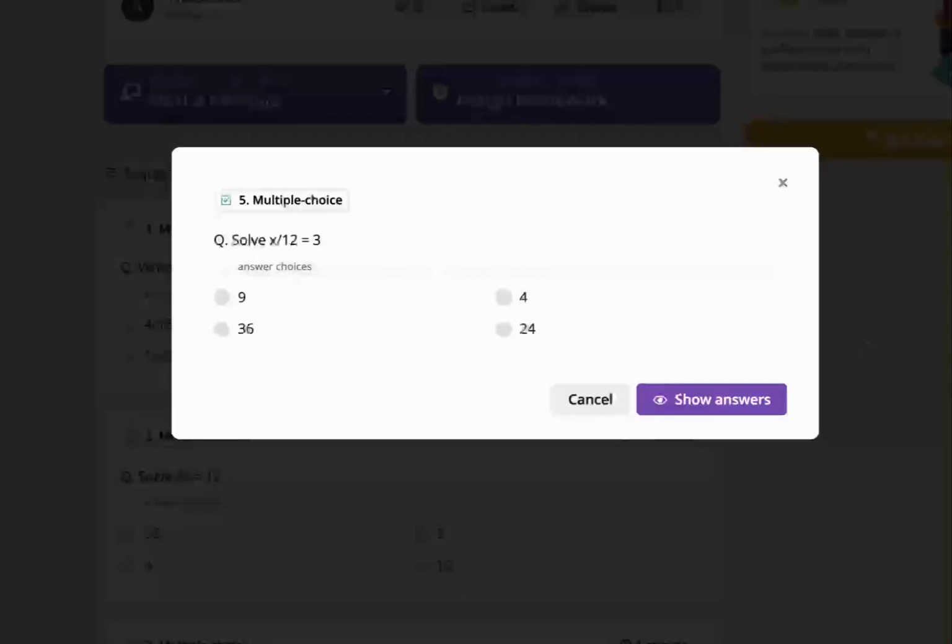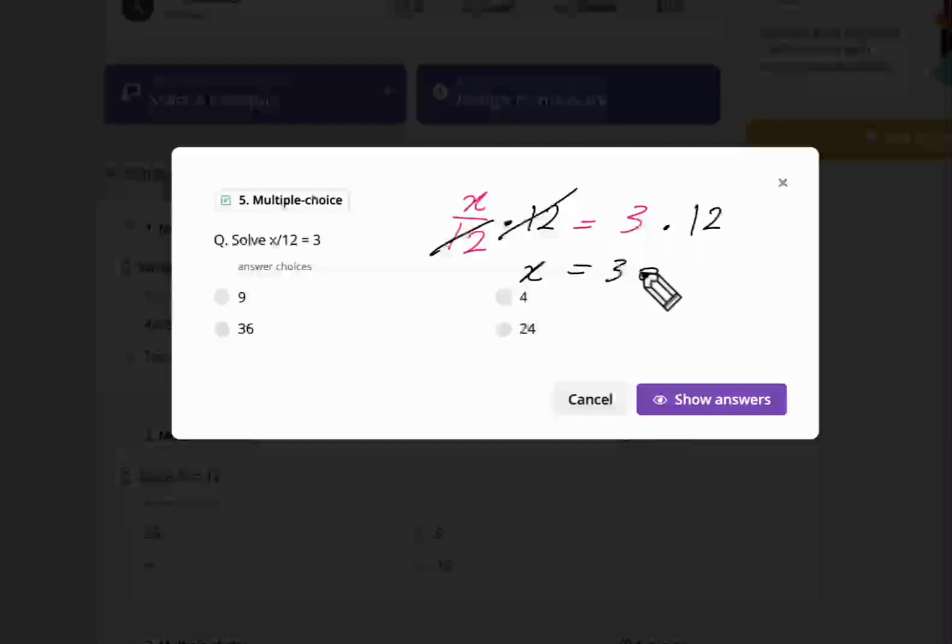Okay, this one is x over 12, so we should multiply by 12. Divided by 12 and multiplied by 12 undo each other. So we have just x left. And on the right side, 3 times 12 is 36. So for this one, it's 36.